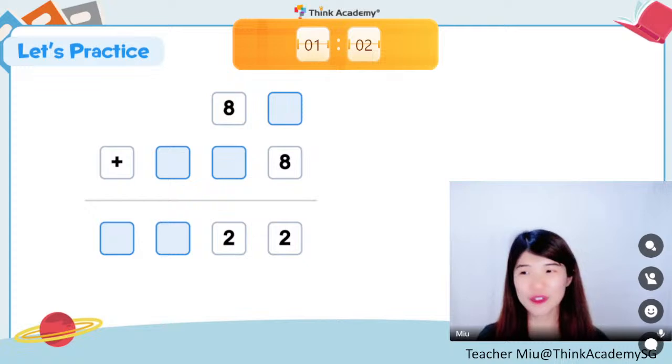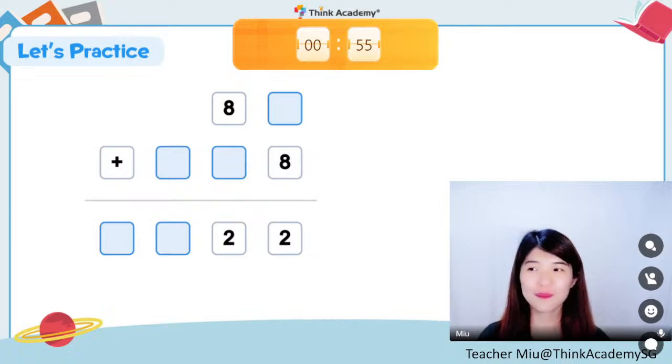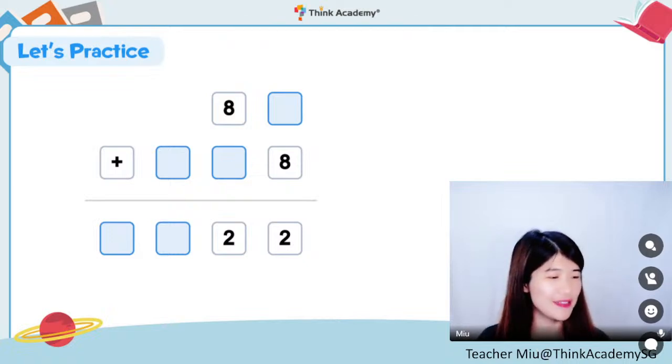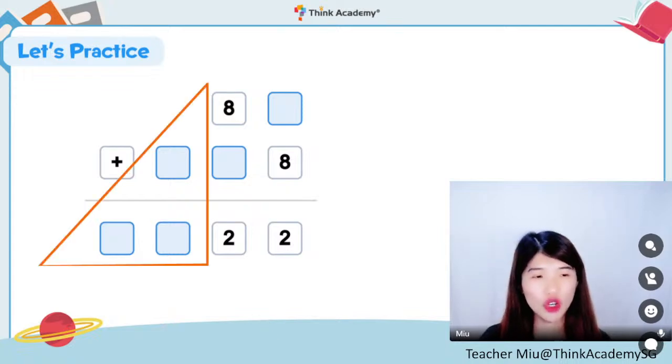You still have 1 minute. Can you see a very obvious one? Cool. I can see most of you are giving me the correct answer. All right, so let me just give you a hint. That is the golden triangle.